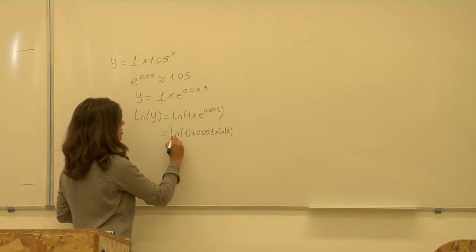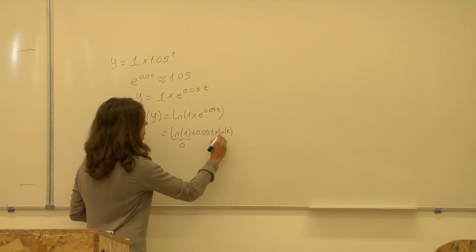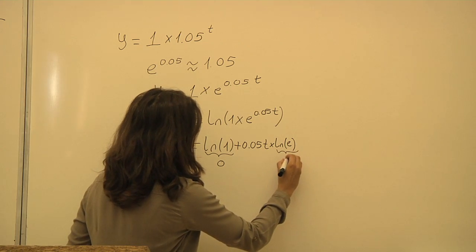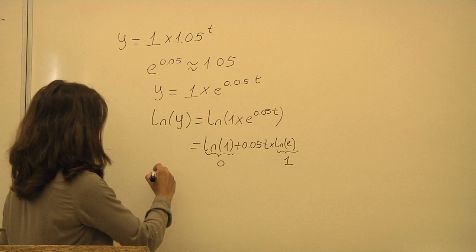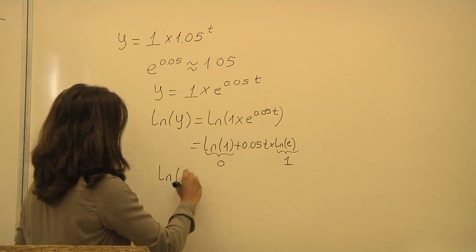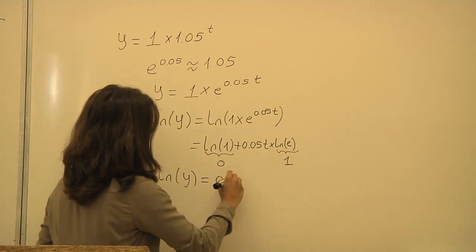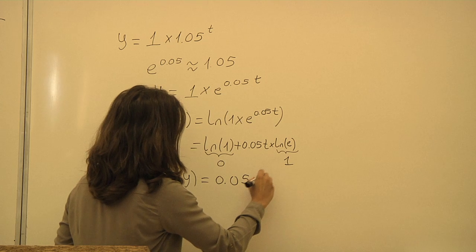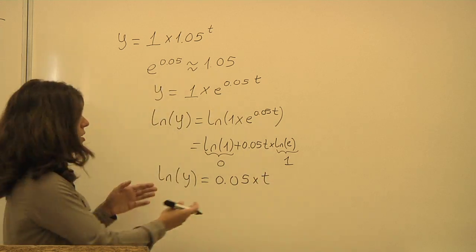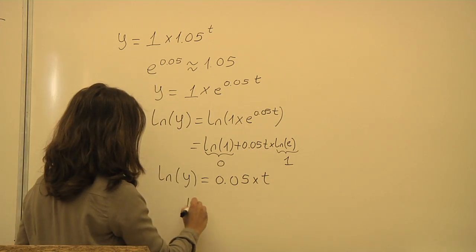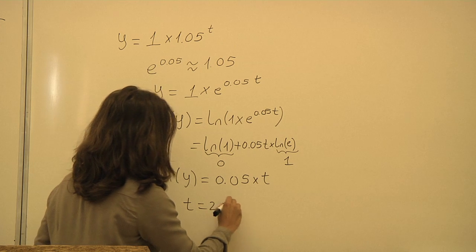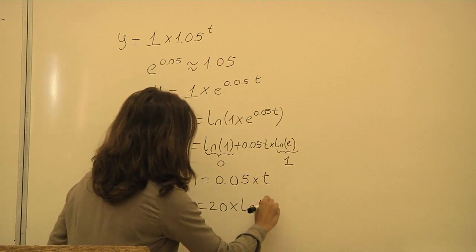Now, we know that log of 1 is equal to 0 and log of e is equal to 1. So, in the end, you have log of y equal to 0.05 times t, or turning this around, you have that t is equal to 20 times log of y.